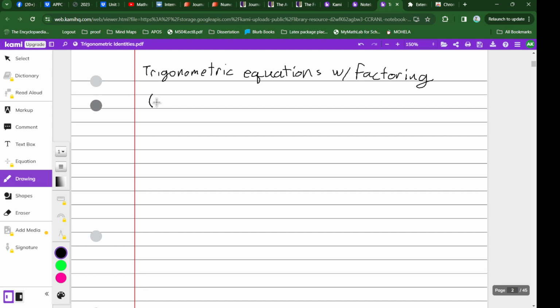A basic example would be tan squared theta minus 4 times 16 sine squared theta minus 1 equals 0.